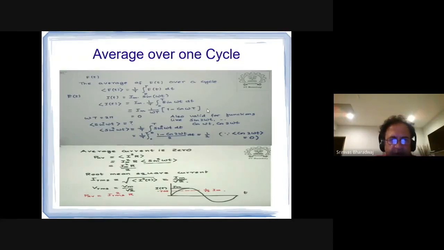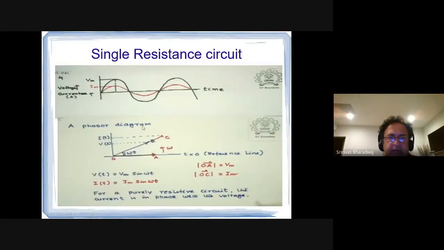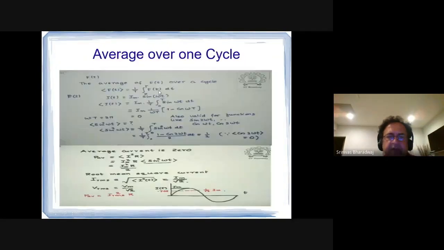It will be 0, right? Because this should also go to 0, since omega T equals 2 pi. Therefore, over one cycle, obviously, one half is positive, the other half is negative, so the total is 0, right?